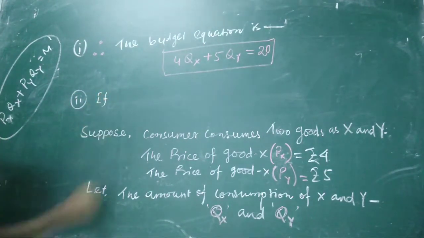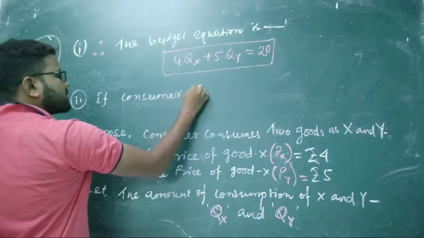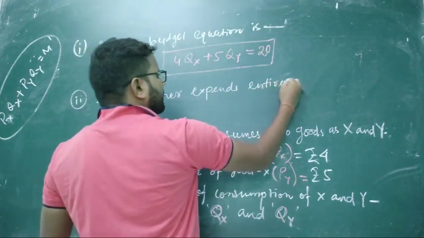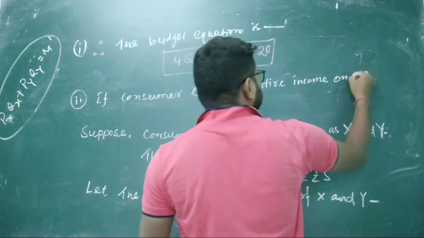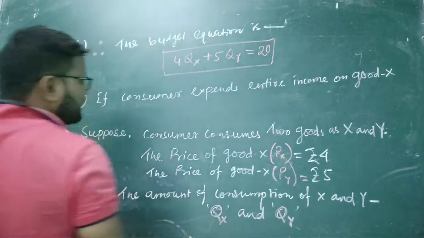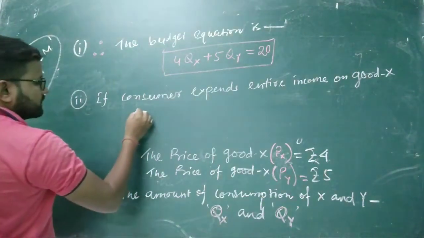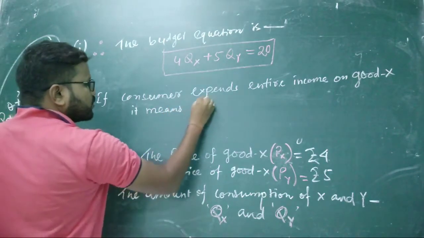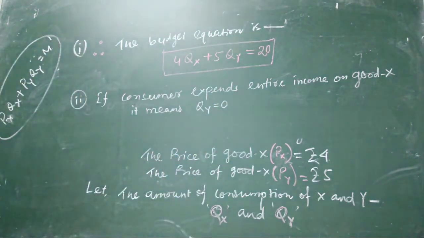Firstly you write down, if the consumer spends entire income on good X, since we let good one as good X, it means Qy, that means consumption of Y, is nil, that means 0.